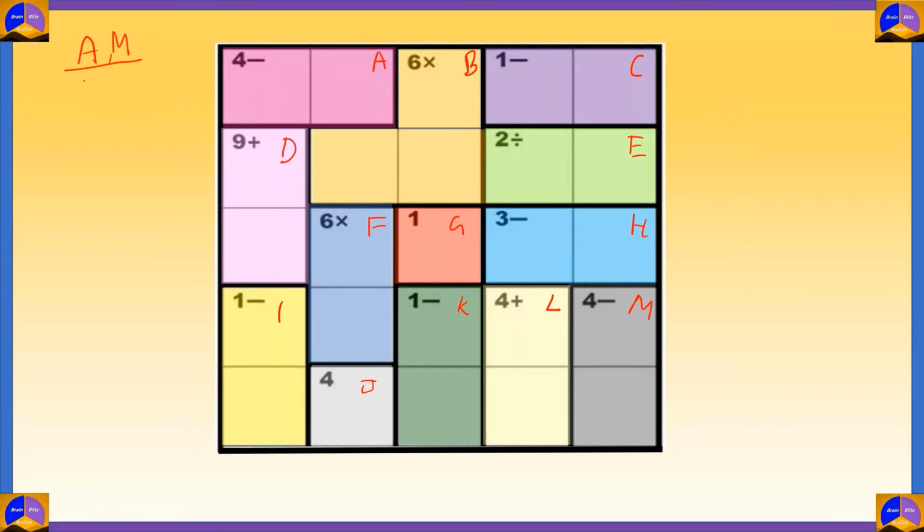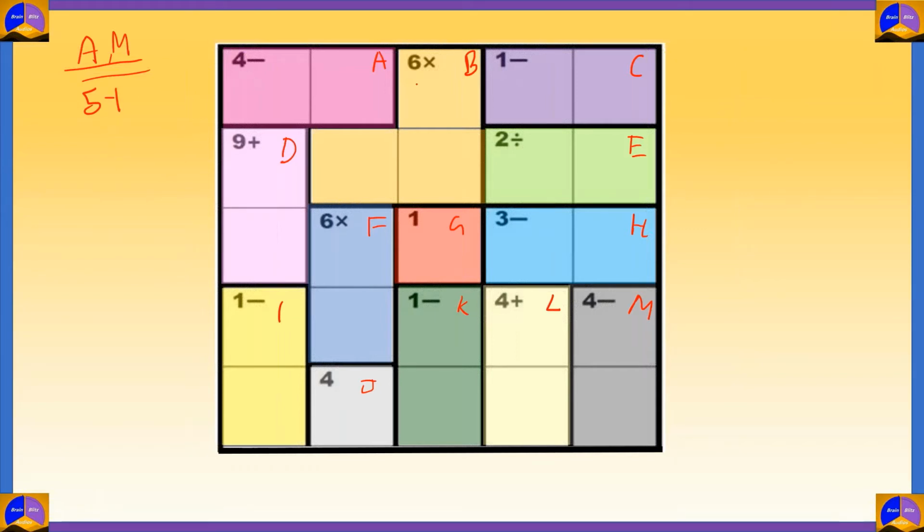In both of these cages there are 2 cells and the operation is subtraction. After subtracting, our result must be 4. So the only option in a 5x5 puzzle is 5 minus 1.